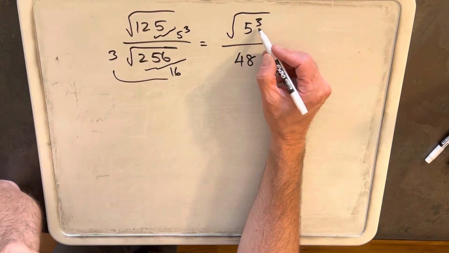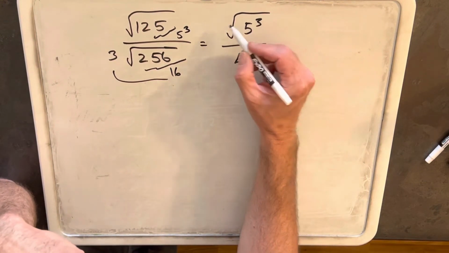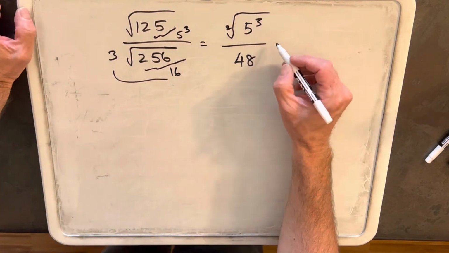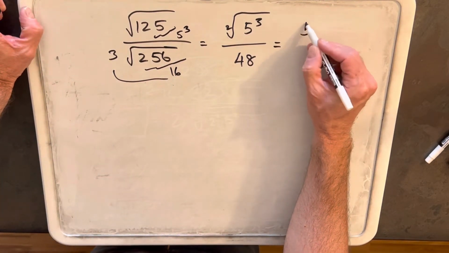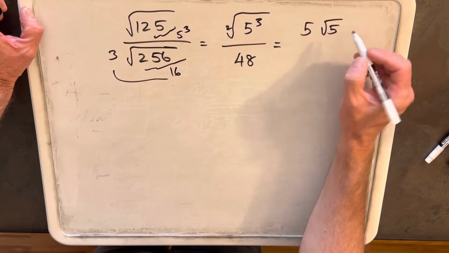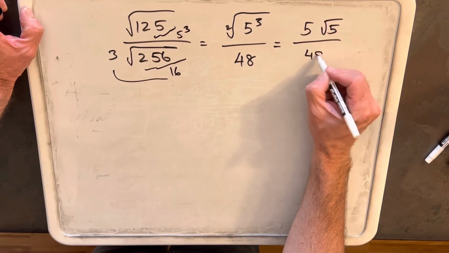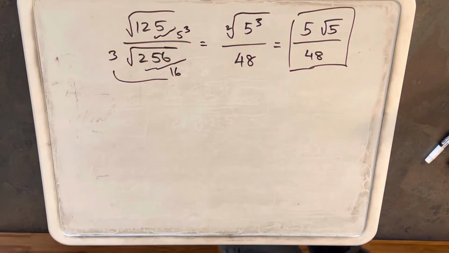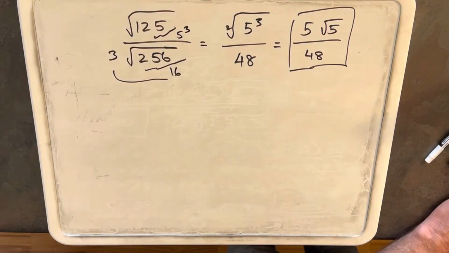Yeah, because I have more 5s. The square root is the second root, so I can take out a 5, and we can rewrite this as 5 times the square root of 5 over 48. Okay, that's correct. Let's see what's next.